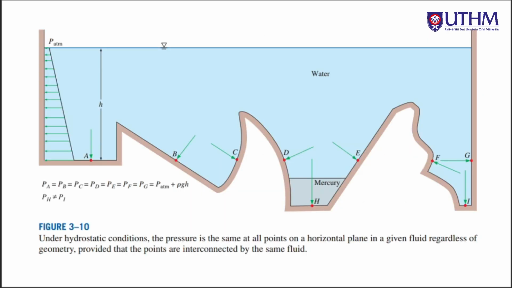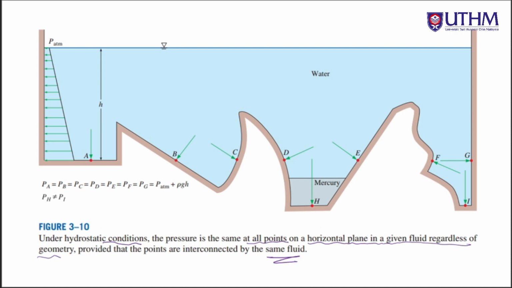So next, under hydrostatic conditions, the pressure is the same at all points on a horizontal plane in a given fluid regardless of geometry. Tak kisahlah geometri tu bentuk macam mana pun, tapi pressure adalah sama at all points on a horizontal plane, provided that the points are interconnected by the same fluid.